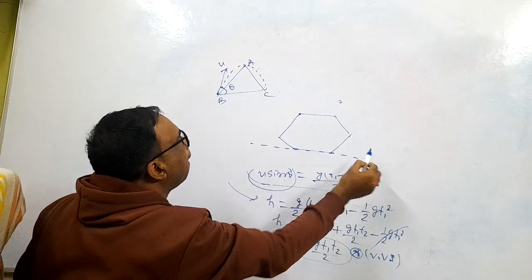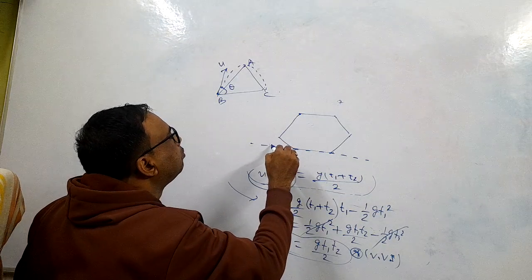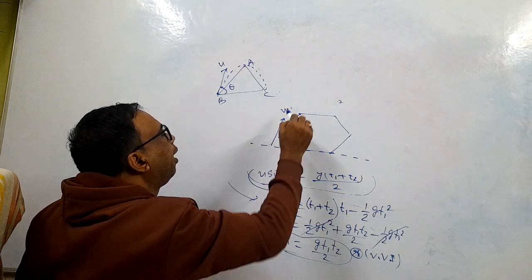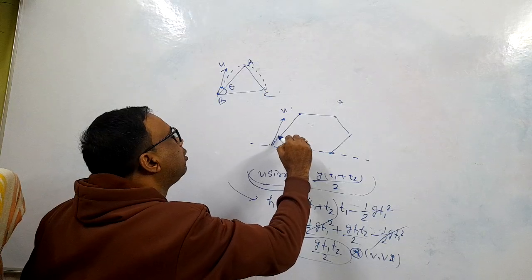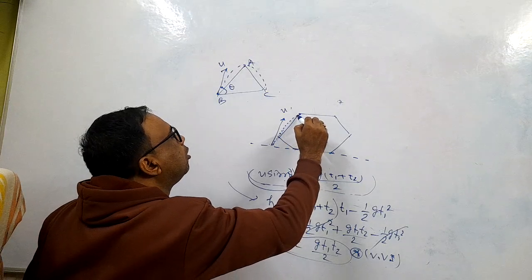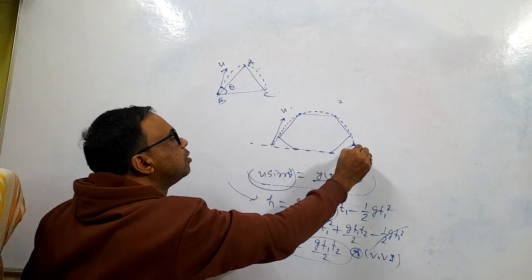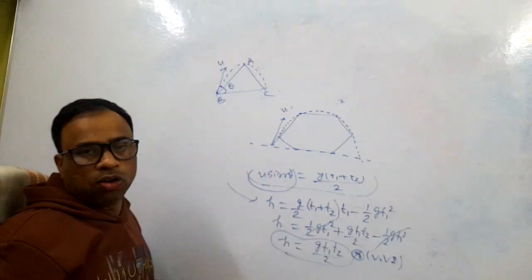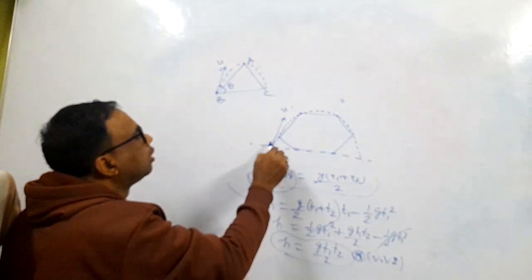If you throw the stone here, in this way, then the particle touches this, this, this, this, and lands here. That is the hexagonal touching concept.